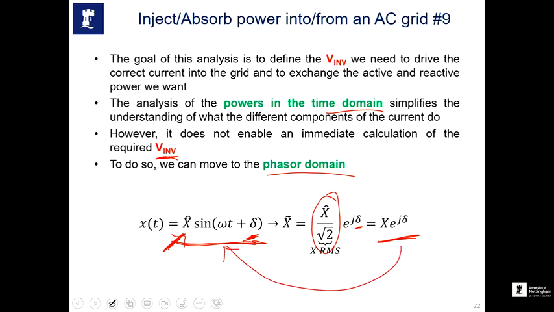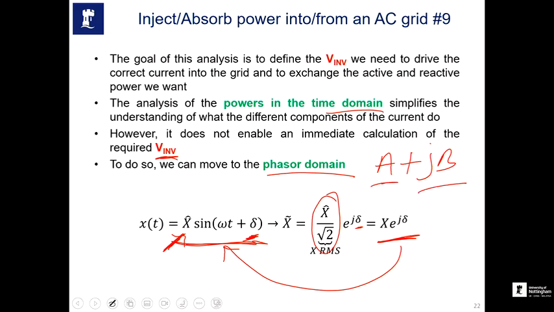Okay, any sinusoidal signal you can convert to a phasor number. And again, as I mentioned, the phasor can be represented as a magnitude and an angle, and also in the form of A plus jB, with the real part and the imaginary part.